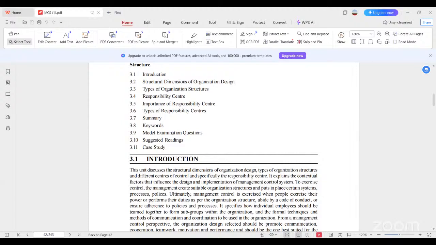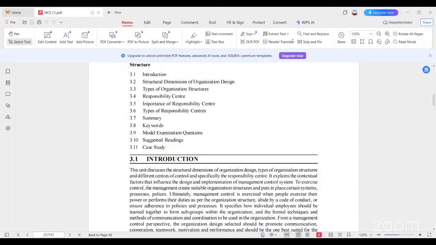Okay, so the structure that is chosen must suit your organization size, your nature of work, the technology being used, the external competition, as well as the internal culture.